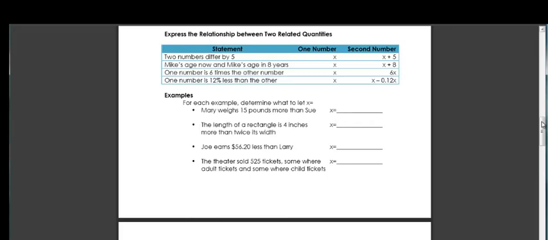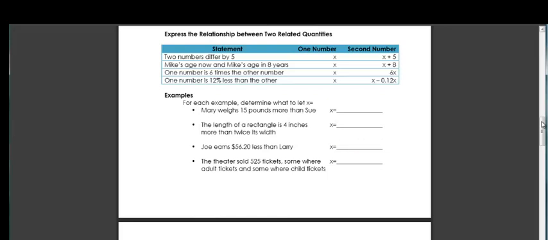Okay? The third example says Joe earns $56.20 less than Larry. So if we were solving this problem, our x would be Larry's pay, because you're going to take Larry's pay and subtract $56.20 from it to get Joe's.